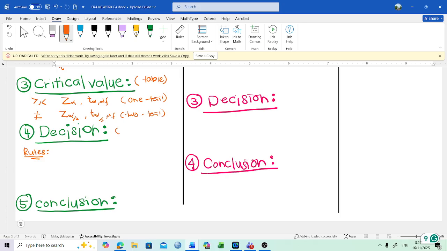For this decision, you can refer to page 19 on the slide. Let's say if your H1, the alternative hypothesis, uses the greater than symbol, then how do we decide whether to reject or fail to reject the null hypothesis? For this method, you need to compare the test statistic value and the critical value.